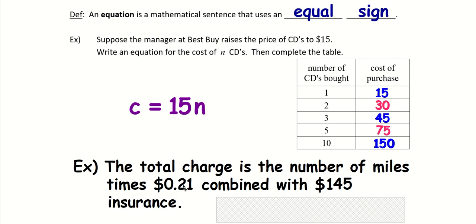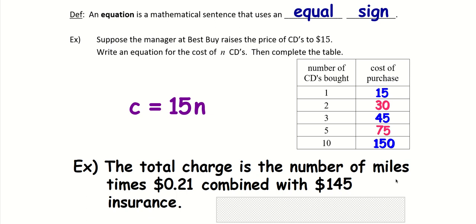$145 for the insurance, but then you're going to have to pay $0.21 for every mile. It doesn't really say this, but you're supposed to write an equation that represents the total charge for any number of miles.